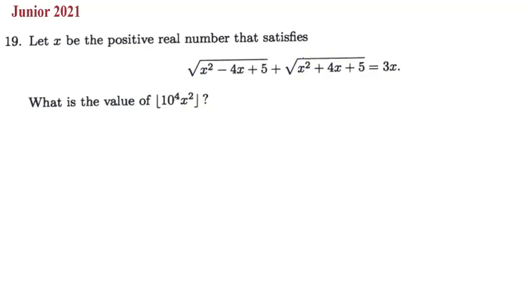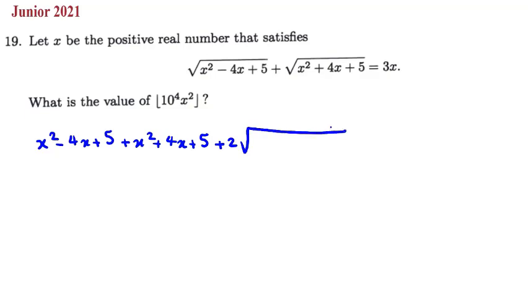When you have square roots, one thing is to raise both sides to the power of 2. It will be x squared minus 4x plus 5 plus x squared plus 4x plus 5 plus 2 times the root of the product. Now we use (a minus b) times (a plus b) equals a squared minus b squared.